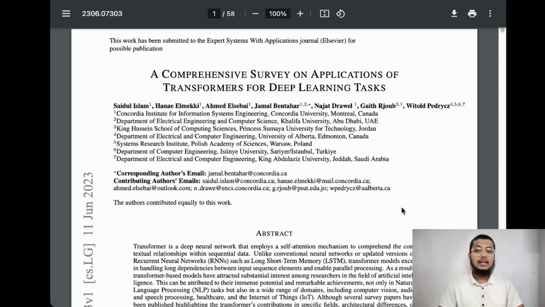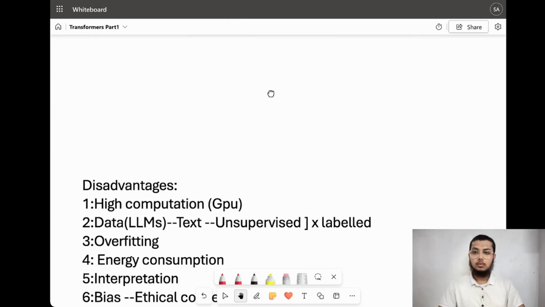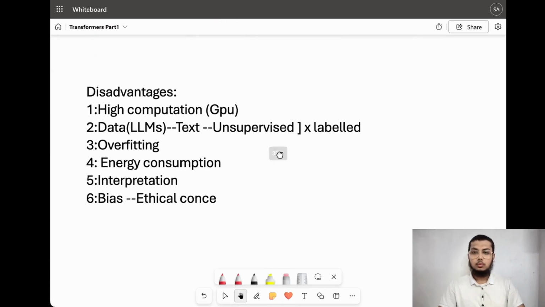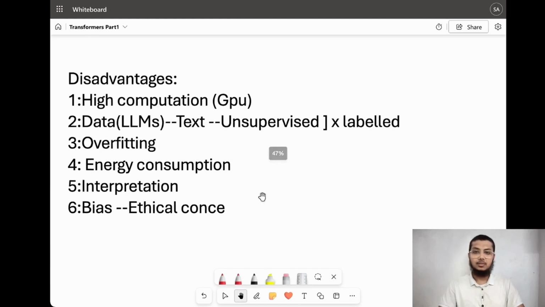Let's talk about disadvantages. Okay, so what are the disadvantages? These are a few disadvantages of transformers. It requires high computational resources.